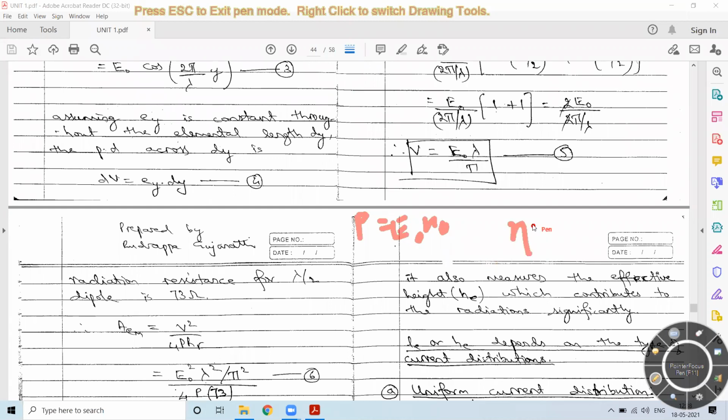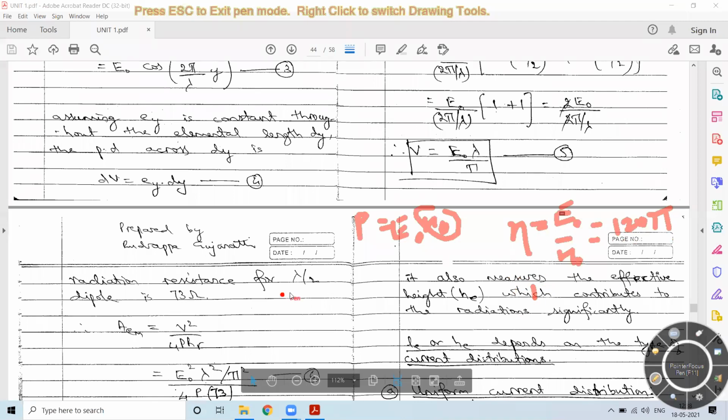But we know that the intrinsic impedance is given by E naught by H naught, and if we consider free space, this value is equal to 120 pi, that is, 377 ohms or 120 pi ohm. So if we consider this and substitute for H naught, what is H naught from this equation? H naught is E naught divided by 120 pi.